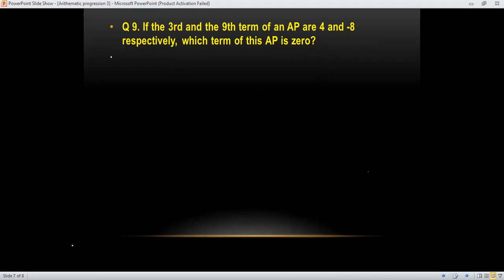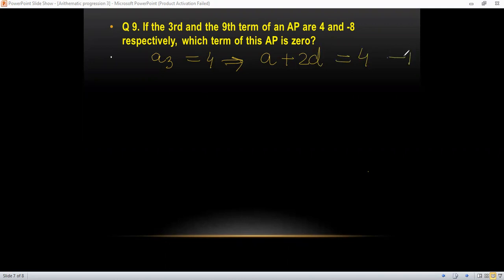In a similar way, we are going to solve this question. Here you see A3 is given. A3 is 4. That is A plus 2D is equal to 4.